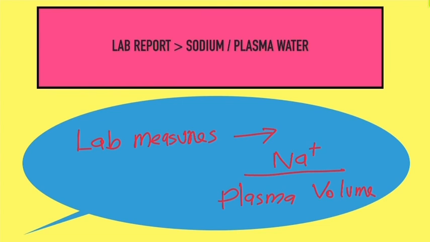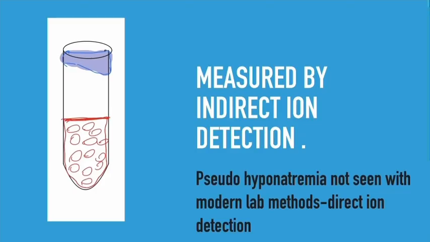Even though the lab measures sodium in plasma volume, they report the value as sodium in plasma water. By this means, the sodium measured will be less, so it results in hyponatremia. This is pseudohyponatremia. It is not seen with the modern lab methods, that is direct ion detection. It is only seen with the olden techniques.